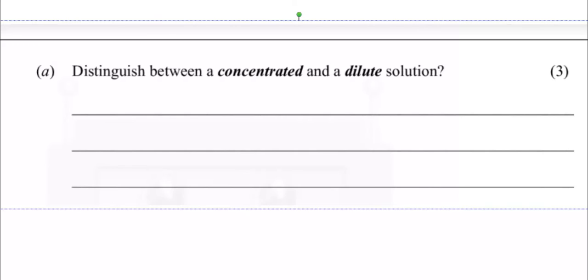Now A, distinguish between a concentrated and a dilute solution.